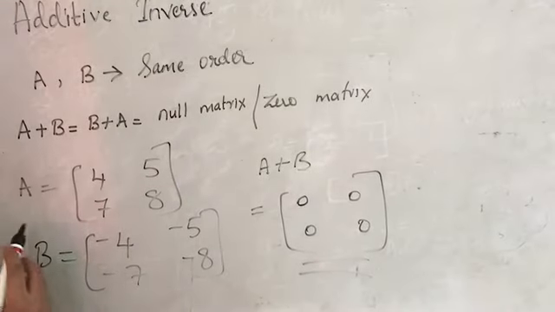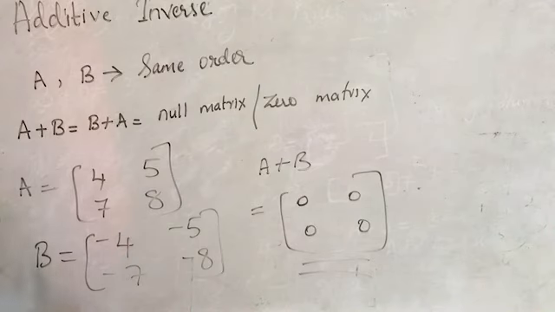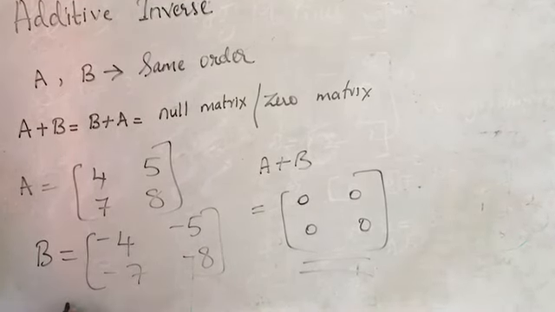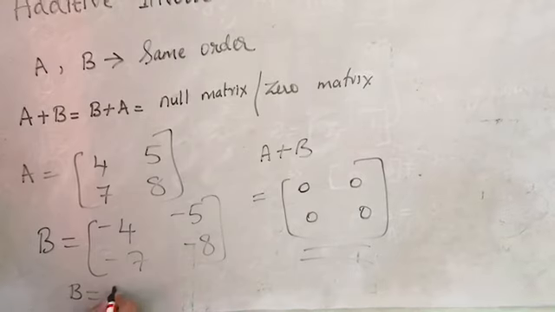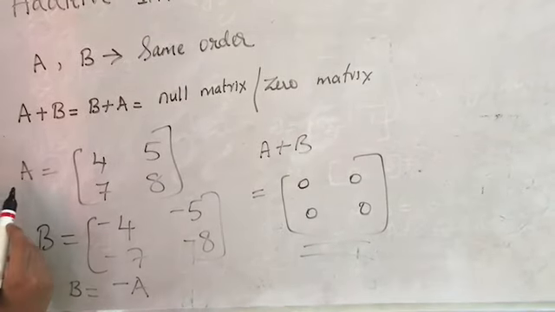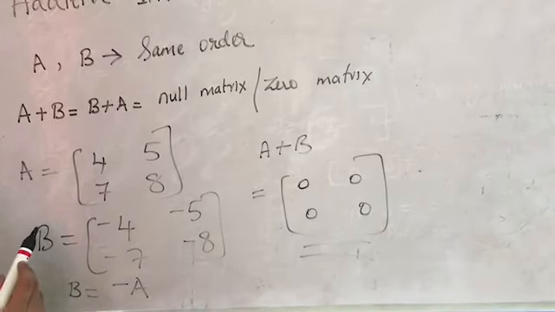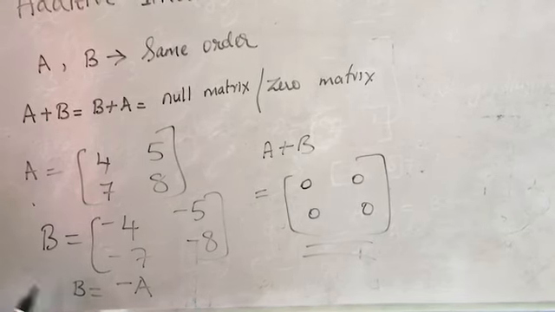So you can say that B is an additive inverse of A. So the additive inverse of a matrix A will be the negative of A, because from this matrix, B is equal to negative of A. So the additive inverse of a matrix A is the negative of the matrix A.